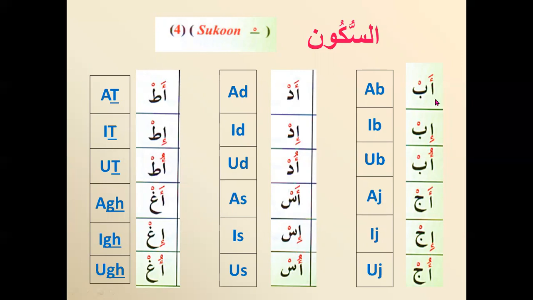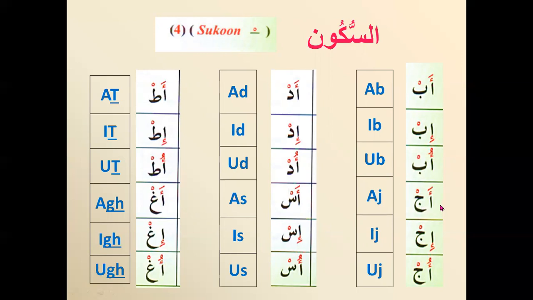So as you can see, hamza, fatha, ba, sukun, ab. So how do we read this one? Ab. Okay. Hamza, kasra, ba, sukun, ib. Hamza, dhamma, ba, sukun, ub. Okay.